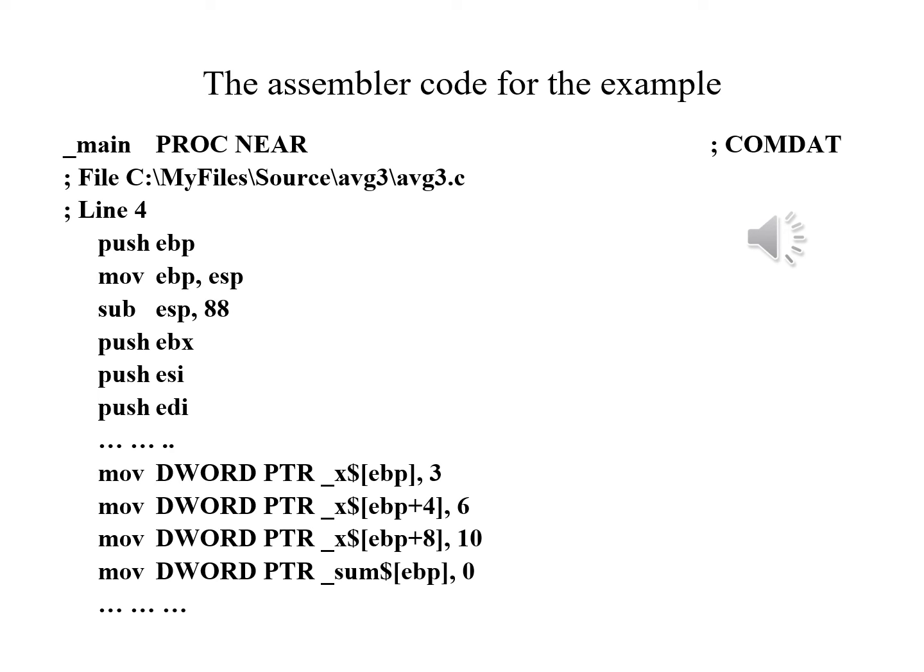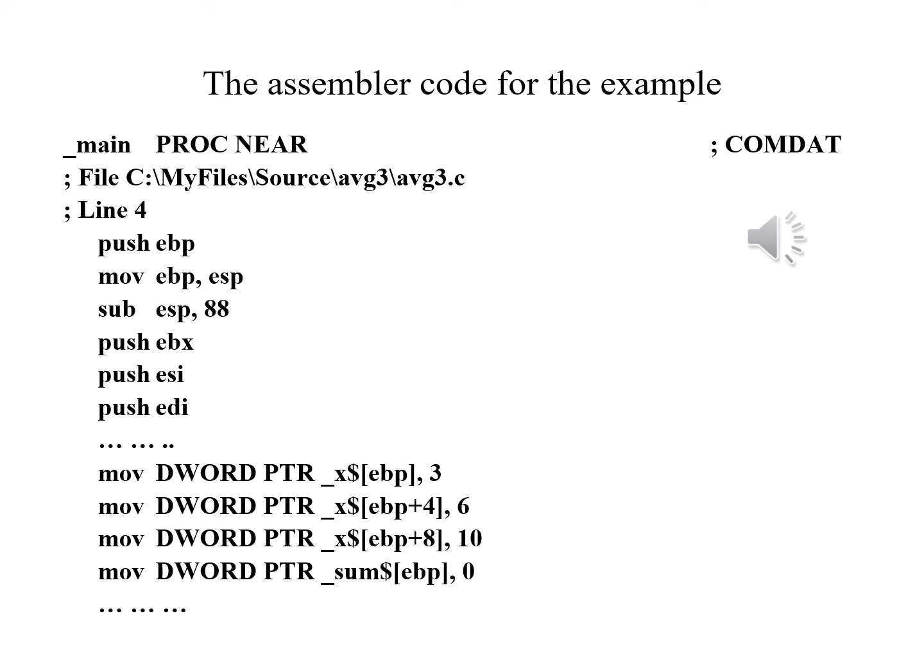In other words, what you are doing is saving as a bookmark the previous top of the stack, and then in effect adding 88 bytes of storage to it, so you have room for the local variables. The EBX, ESI, and EDI register contents are pushed onto the stack so they can be restored later.